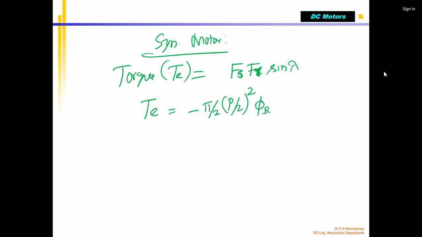I am using capital R, please see here, this small r. Fs multiplied by small Fr into sine lambda can again be written like this. Phi r is the resultant magnetic field, Fr multiplied by sine delta subscript r, so many Newton meter. Already we know the unit is Newton meter.